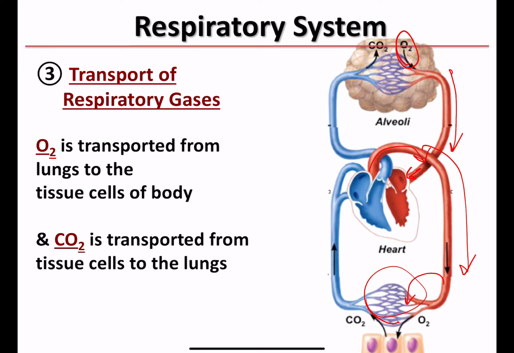And that CO2 in this deoxygenated blood ultimately is rerouted throughout all the veins of our systemic circuit back to the right side of the heart. First it goes into the right atrium and then into our right ventricle and then up through our pulmonary trunk, which splits into our right and left pulmonary arteries, delivering that high CO2 deoxygenated blood to our 2 lungs.